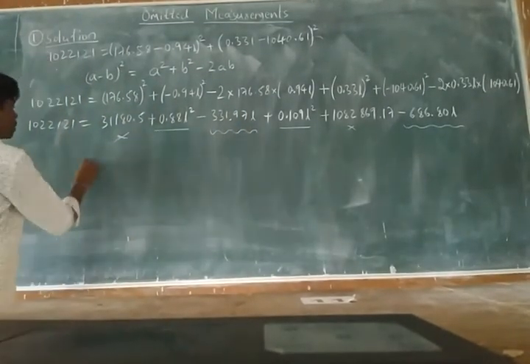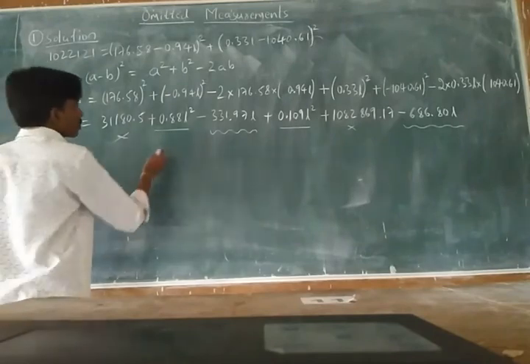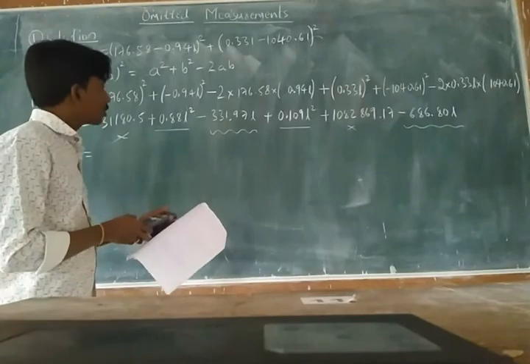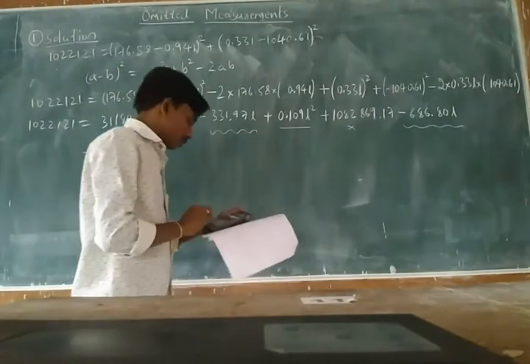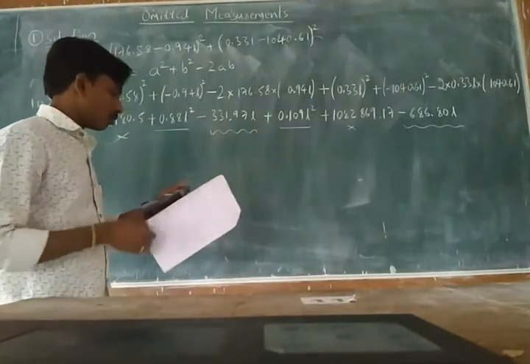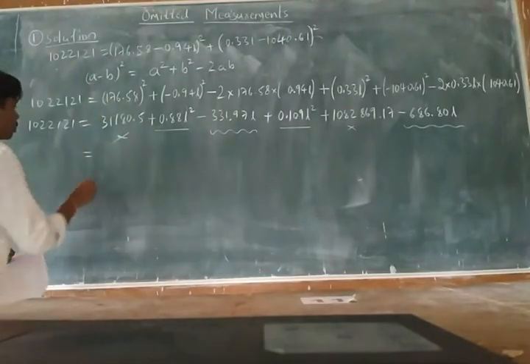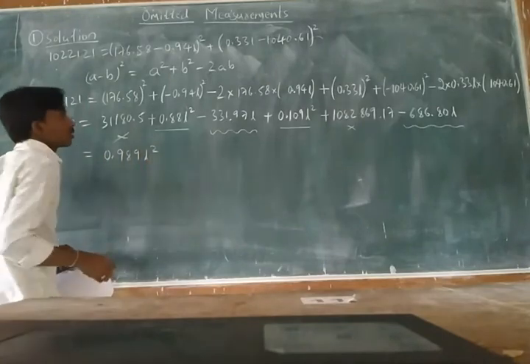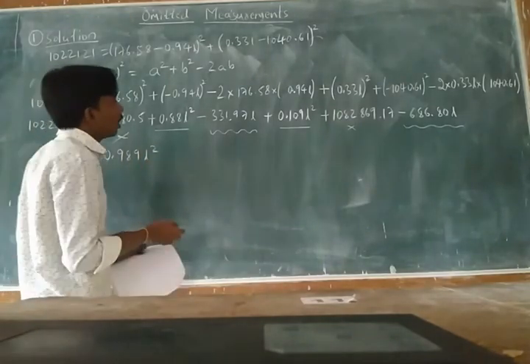Now first let's add L square values. So 0.88 L square, so that is 0.88 plus 0.109, so that will become 0.989 L square.